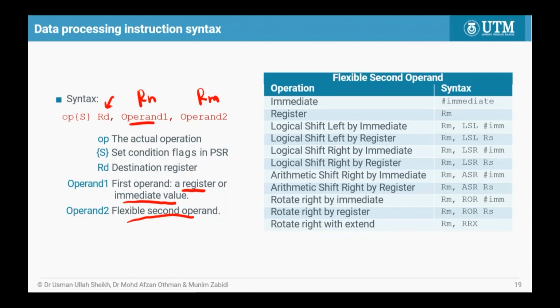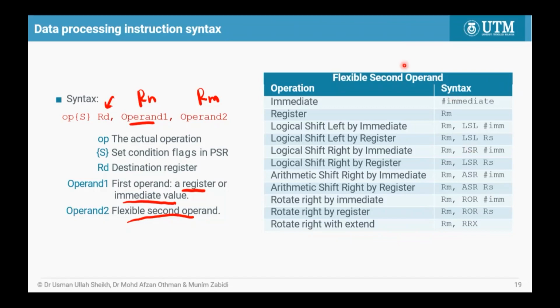These are the things you can do inside the barrel shifter: either make it an immediate value, or the value coming from Rm, your register, or put it through the barrel shifter to do a logical shift left, arithmetic shift right, or rotate right. These are the things you can do for the second operand, so that's why we call it a flexible second operand.